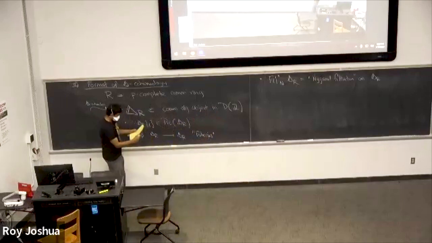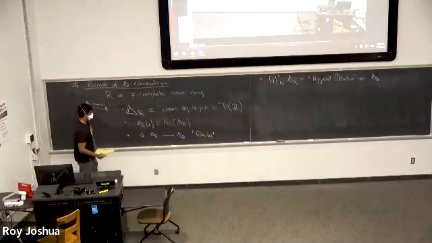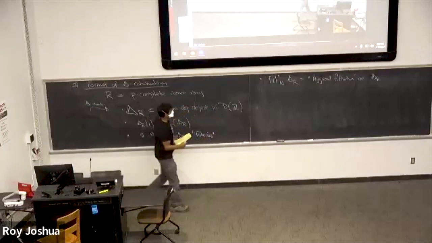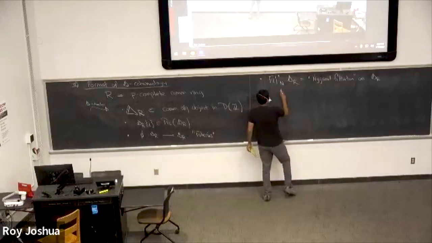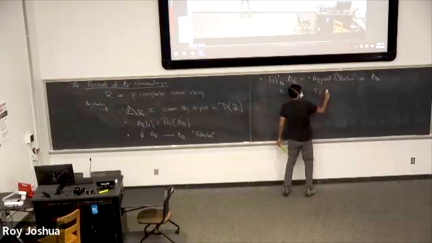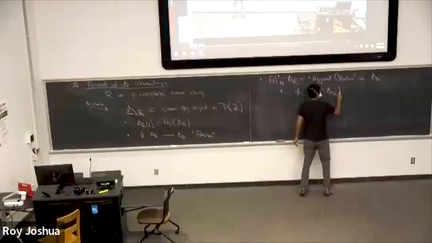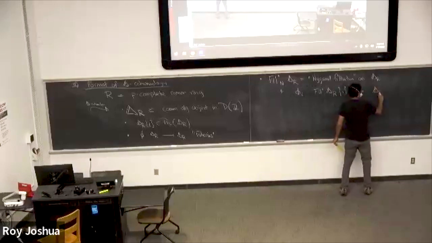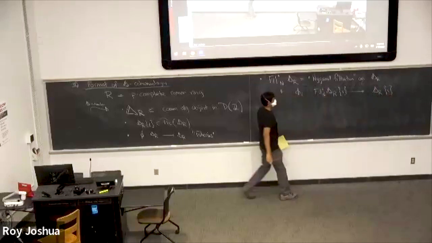So the defining property of the Nygaard filtration is that it's not quite preserved by the Frobenius. The Frobenius doesn't take Fil^i to Fil^i, but it does after you twist it by i. So there's what's called the divided Frobenius map, which goes from Fil^i of the ith Breuil-Kisin twist into the ith Breuil-Kisin twist.